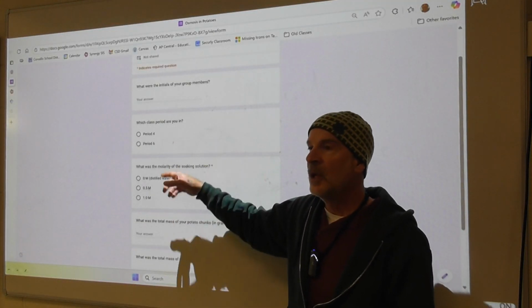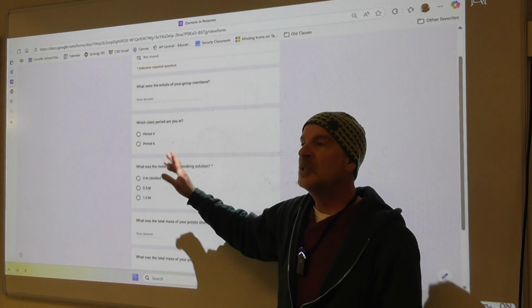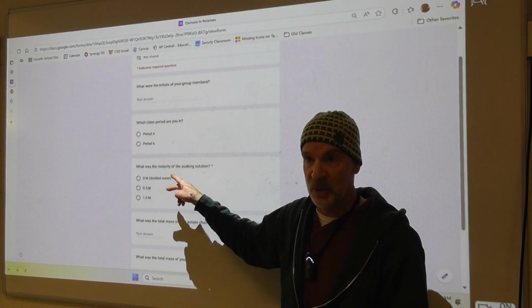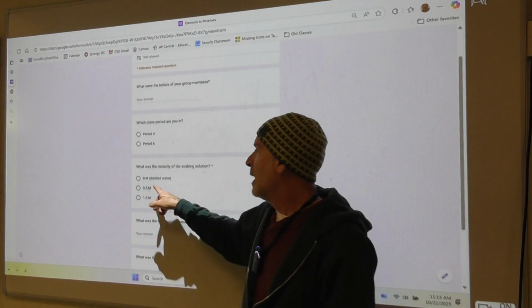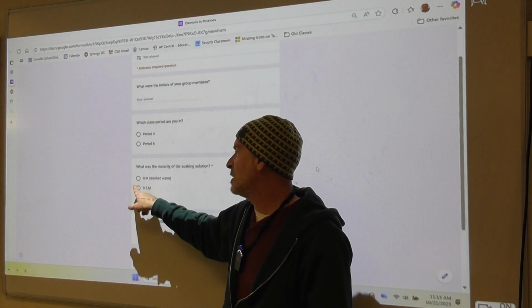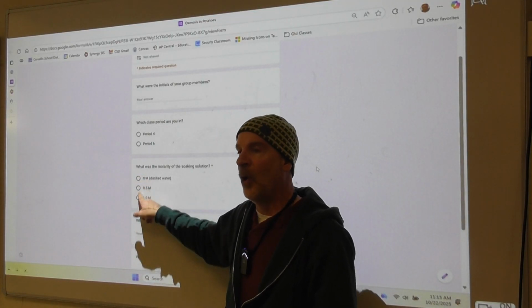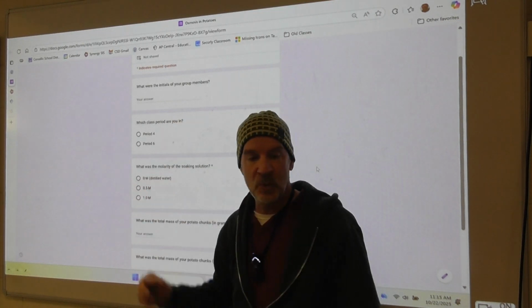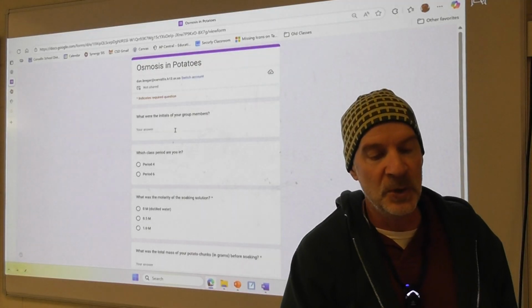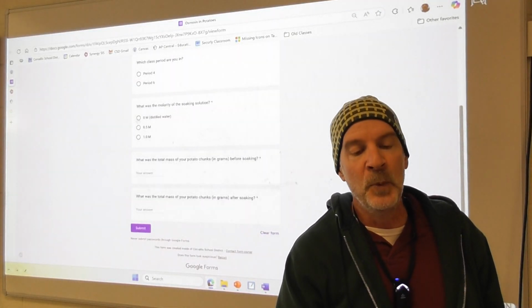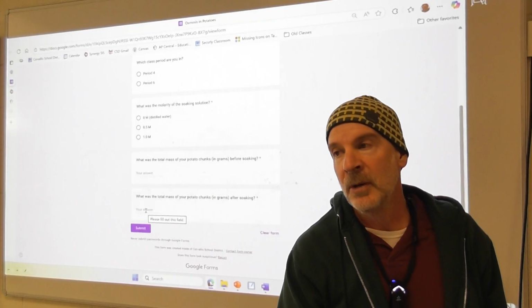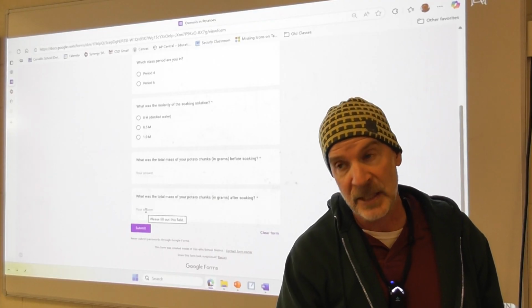You should only have 3 entries per group. Some of you maybe only had 2, because if you only had 2 group members, you only got 2 pieces of data, but don't do multiple entries of the same one, so you're not all entering it. Just divide and conquer, basically. If all of you do 1, it should work, and all we need is who's in your group, your class period, which solution you personally are entering, and the before and after mass of your potatoes combined.